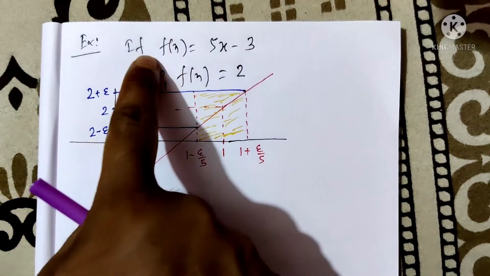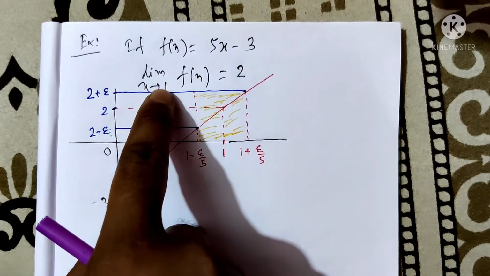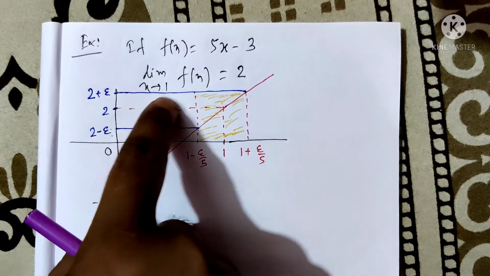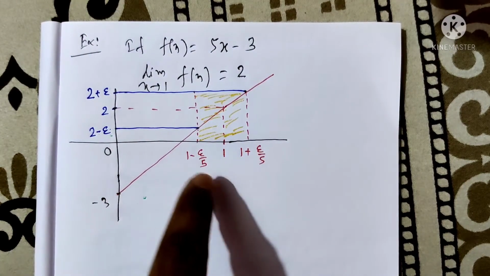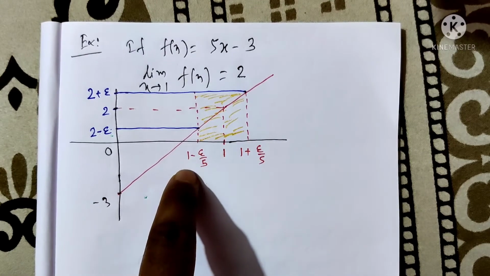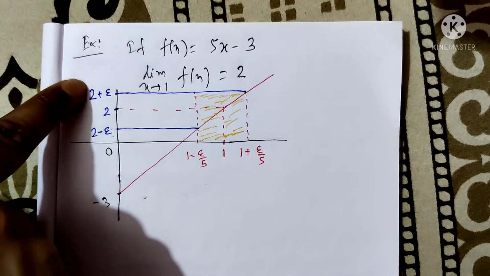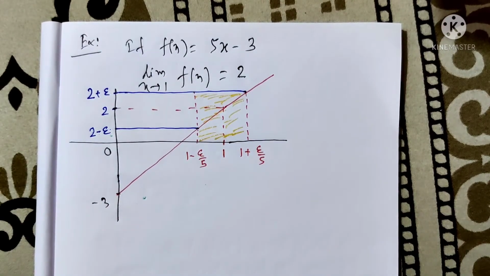Let the function be f(x) equals 5x minus 3. What is the limit as x tends to 1 of f(x)? The limit as x tends to 1 of f(x) equals 2. I will prove this by definition. Let this be 1, and this 1 minus delta and 1 plus delta, and this 2 minus epsilon and 2 plus epsilon, this 2. This is the function f(x).